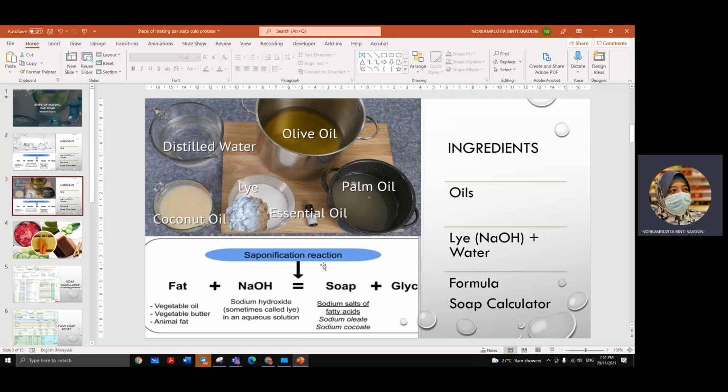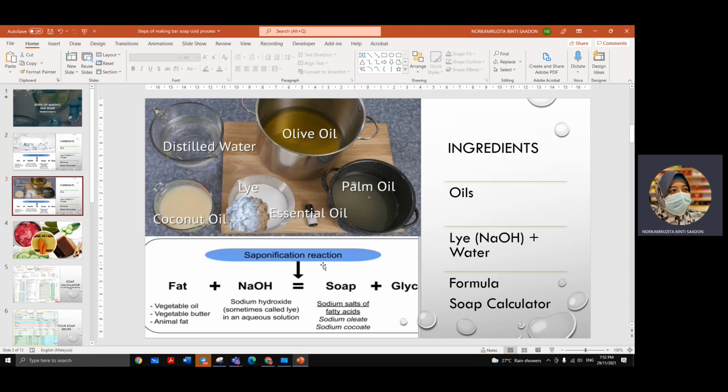It will also produce more bubbles if you use coconut oil, because everyone likes a bubbly soap. If you don't have a bubbly soap, then you don't feel anything when you apply the soap on your body.